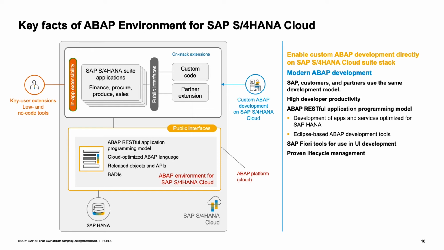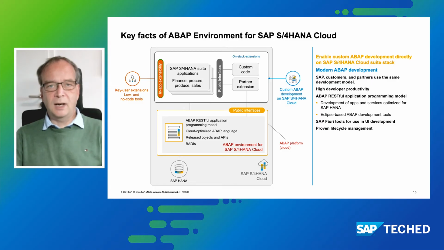This development model is the same that we use to build our software. It gives a high developer productivity. It utilizes the ABAP RESTful application programming model, also called RAP, which is directly optimized for HANA database and allows you the development of modern applications and services with a high efficiency.